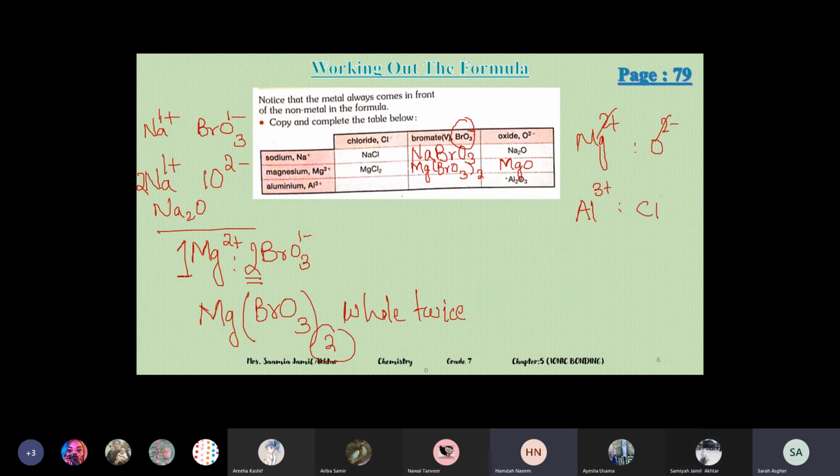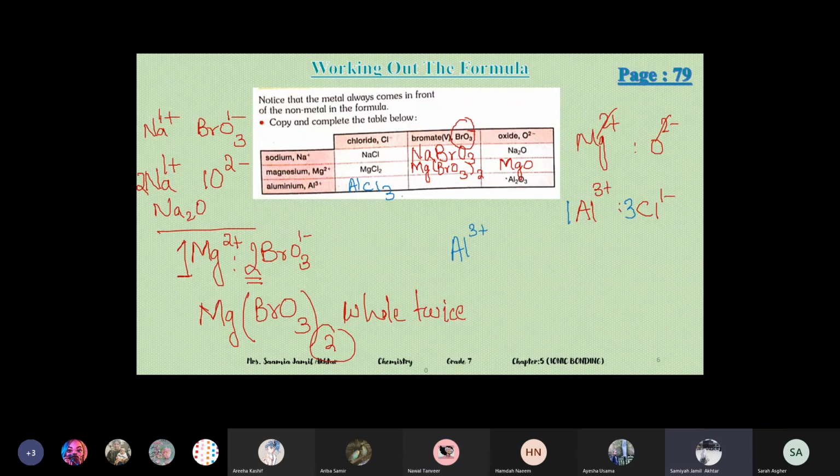Which numbers? 3 with chlorine and 1 with aluminium. So the formula will be AlCl3. Very good, I think you guys are getting it.